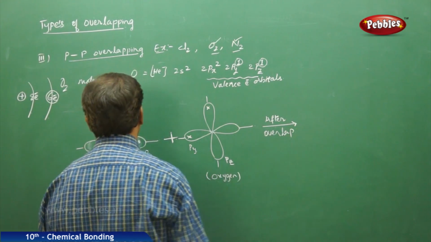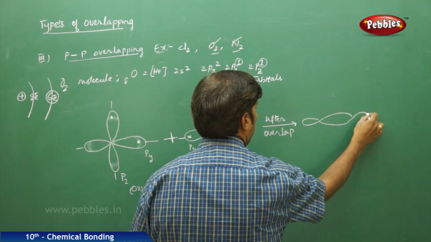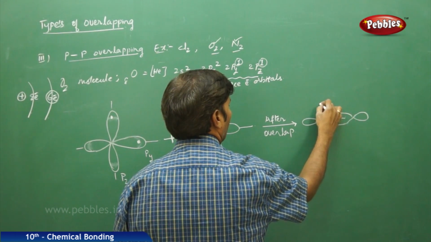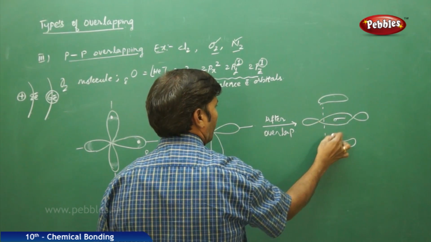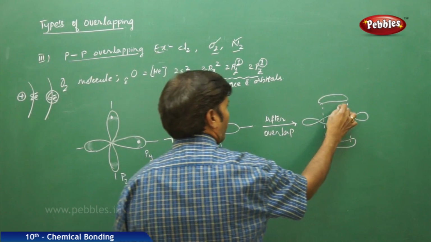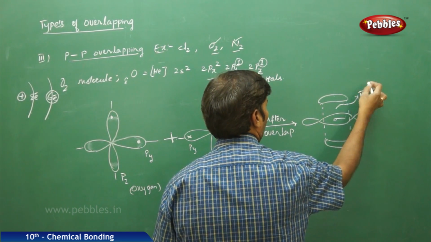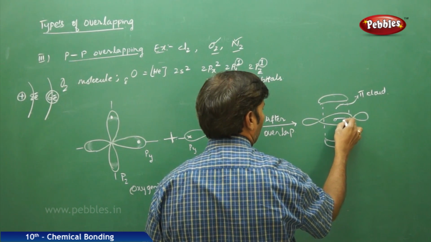After overlap, you find that 2 clouds are formed here. This is sigma cloud, and this is pi cloud, and this is sigma cloud.